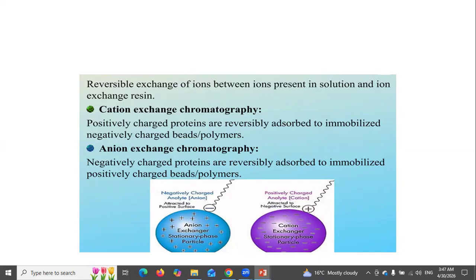Anion exchange chromatography: negatively charged proteins are reversibly adsorbed to immobilized positively charged beads of polymers.